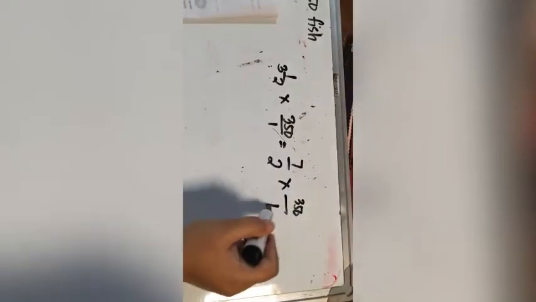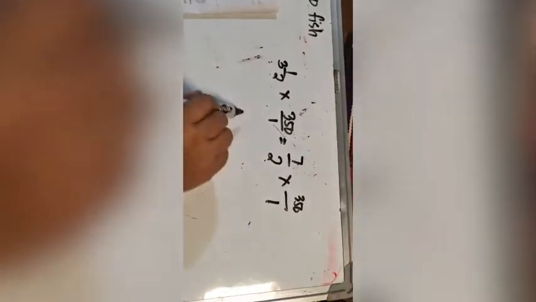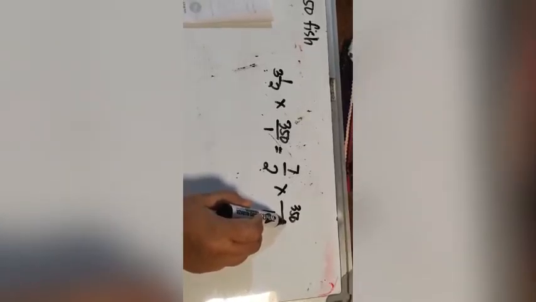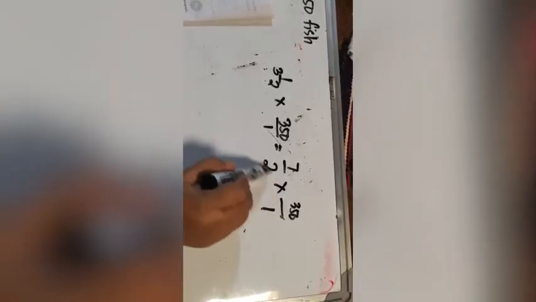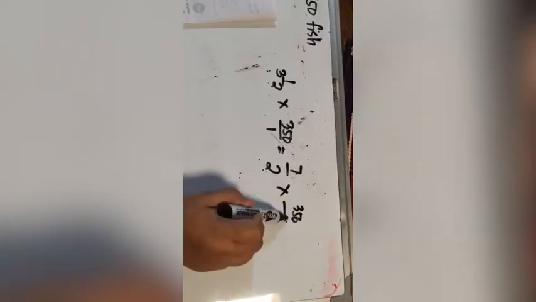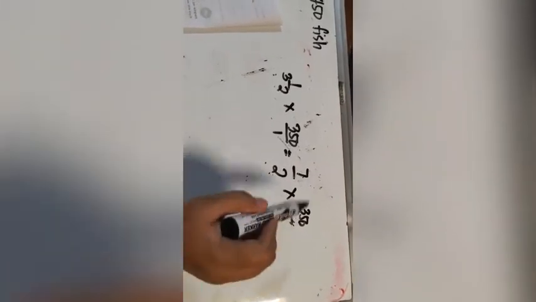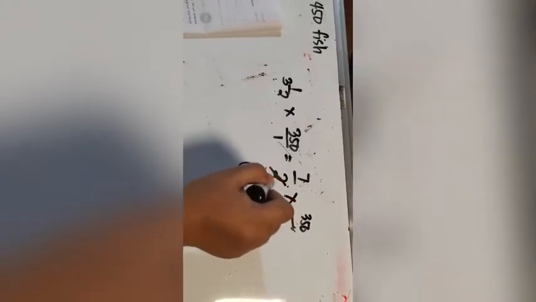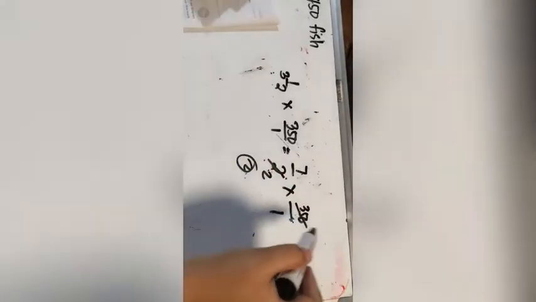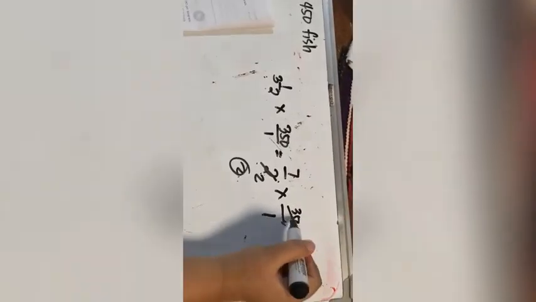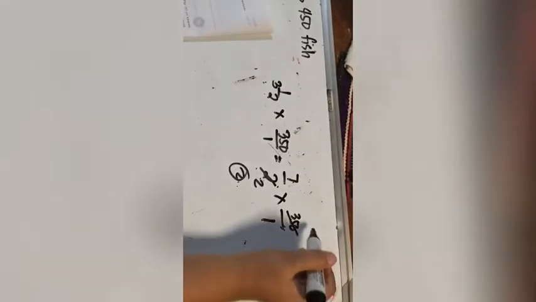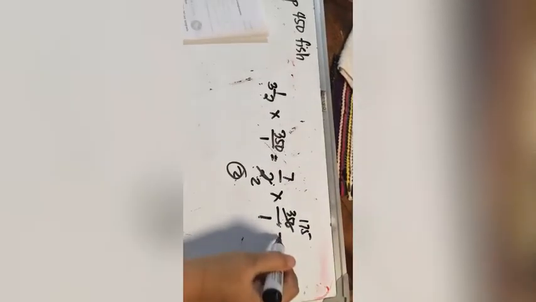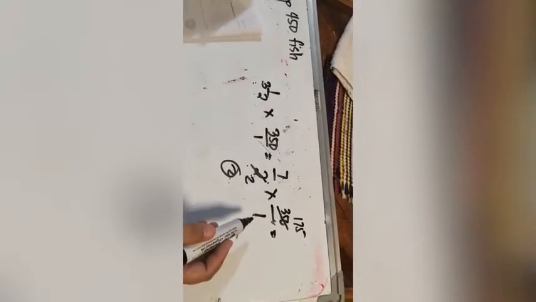Try. 7 and 1 cannot be. 7 and 2 cannot be. 2 and 350, yes, can you divide that one by 2? 350, yes. So, divided by 2 and divided by 2. So this is 350 divided by 2 is 175. Okay.